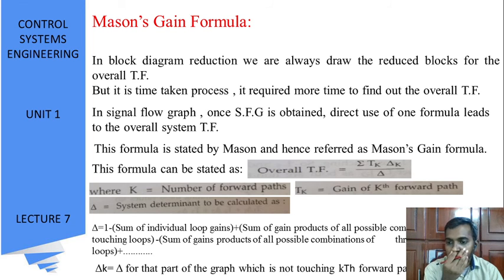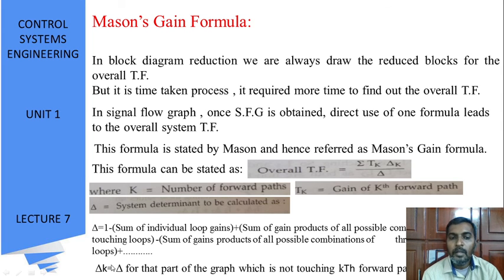How are we going to find the system determinant? It will be equal to 1 minus the sum of individual loop gains, plus the sum of gain products of all possible combinations of two non-touching loops, minus the sum of products of all possible combinations of three non-touching loops, plus the sum of products of all possible combinations of four, minus five, and so on.